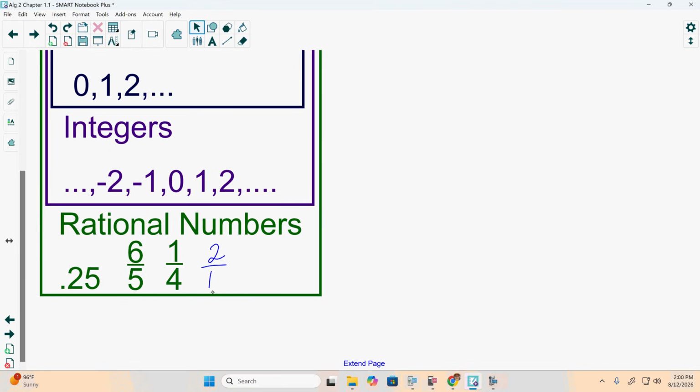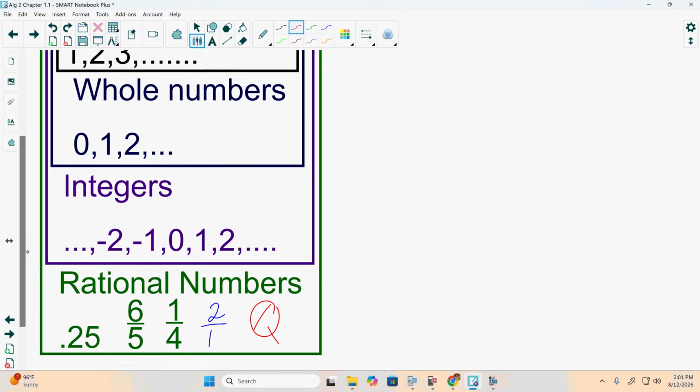I will also save you from having to fully think about what a rational number is, because it is a Q with a line. Integers and rational, we gave them some funny symbols. Questions over our number types so far?